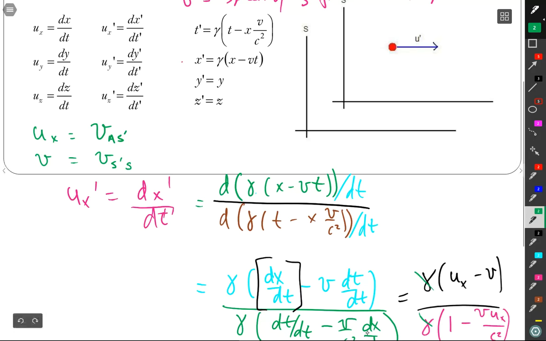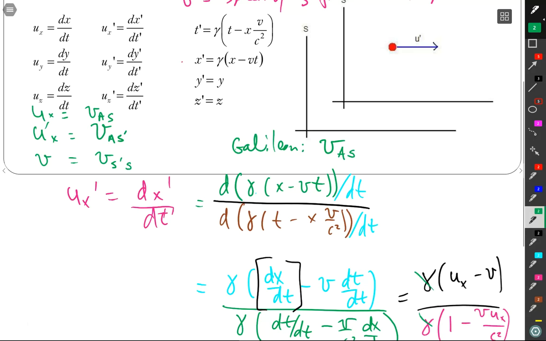So using Galilean transformations, we would have had the velocity of A with respect to S. Oh, if I have S prime, I have to have the prime on the u. It's the speed of object A in the S prime frame, and ux would be the speed of object A in the S frame.